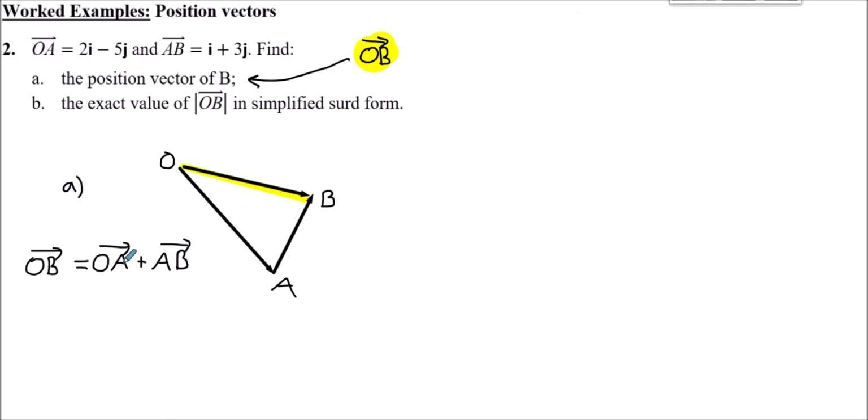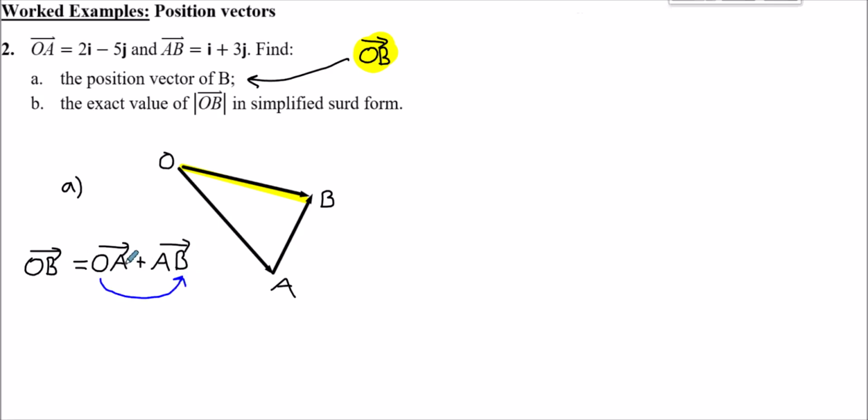If you notice, if the end letter of the first vector is the same as the beginning letter of the next, then the sum of these vectors, the combination, is just going from the first one to the last one.